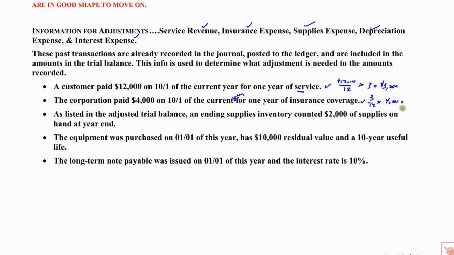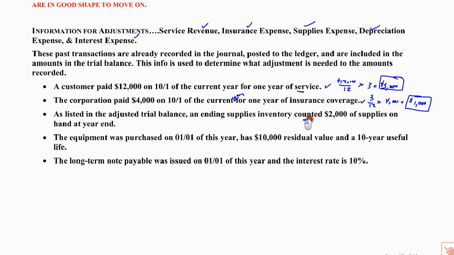So that looks like $1,000. Okay, so we're going to have a $3,000 adjustment, and this will be to reduce prepaid insurance and increase insurance expense.